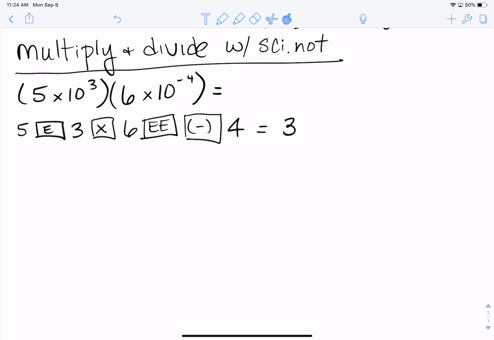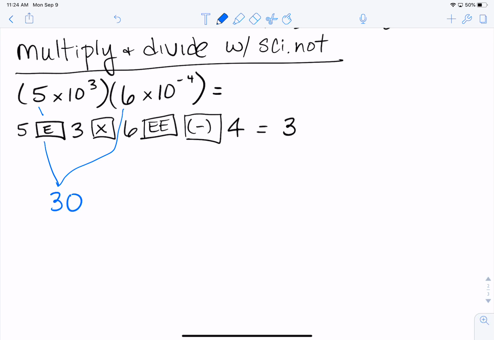All right. So I'd like for you to know how to do this in the calculator, absolutely. But I'd also like for you to know mathematically what's going on. So if I were to think about this, what is 5 times 6? 30.